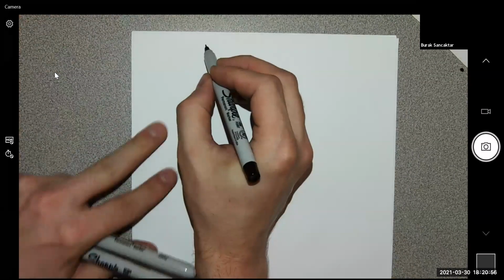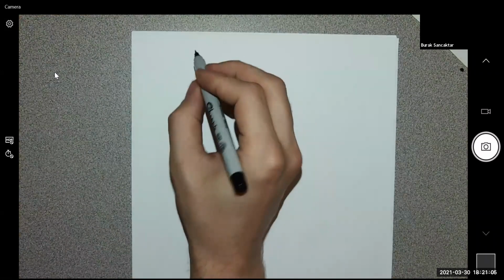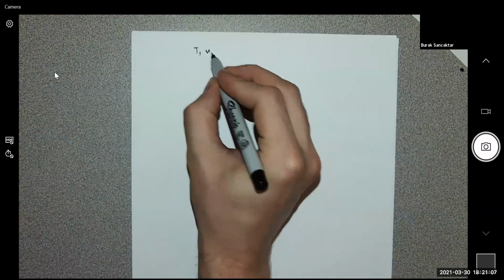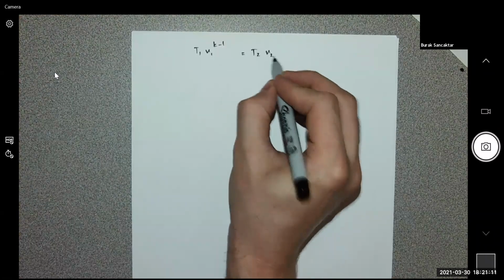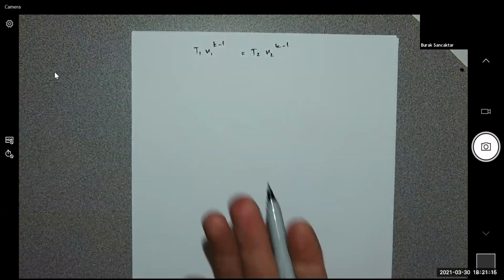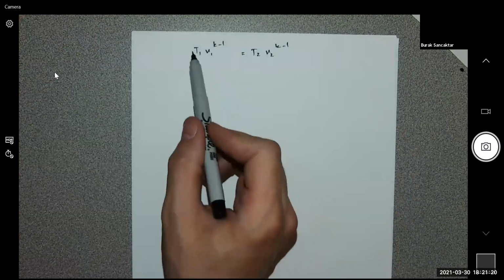We just derived one equation for an isentropic process as a function of temperature and specific volume, which was T1 V1 to the power of k minus 1 equals T2 V2 to the power of k minus 1. So what if I need pressure and specific volume, or pressure and temperature?